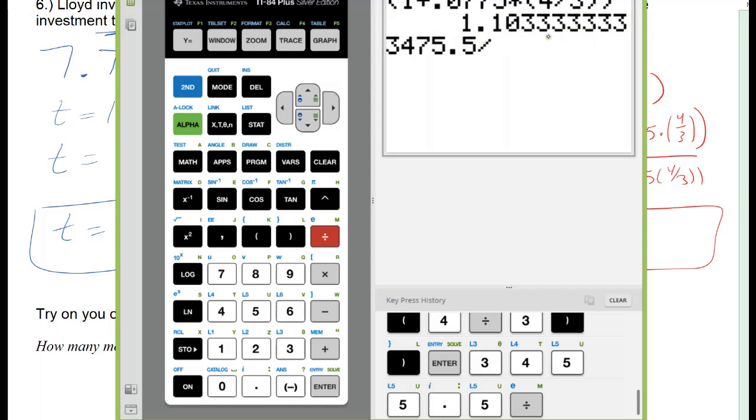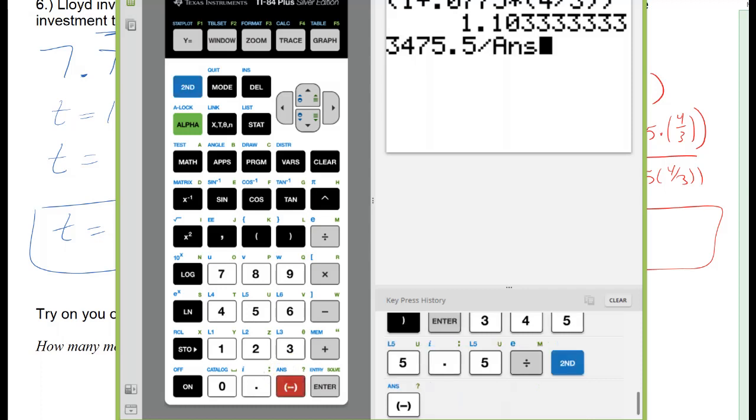And how you do that is you hit second, the negative. That shows me the answer. So that means I want the previous answer. If you hit second, that negative, it'll divide by my previous answer. So it'll take that 3,475.5, divide it by exactly that 1.033333 continuing.